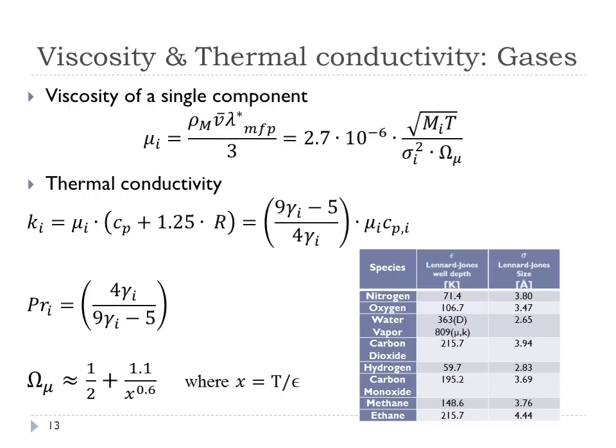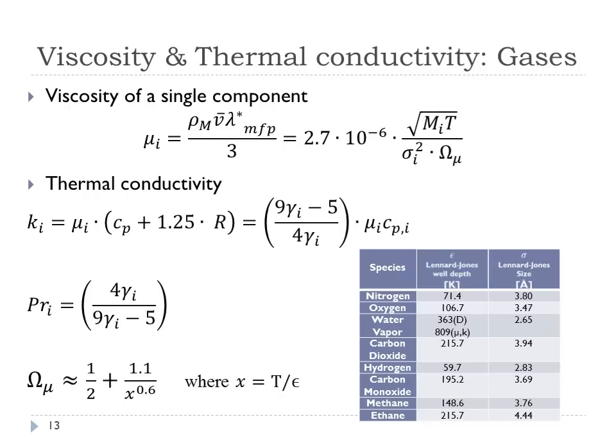So here that well depth is given in units of Kelvin. It's like an energy depth, and you're basically dividing it by the Boltzmann constant to turn that into an epsilon, into a temperature. And so you can see here that well depth is particularly large for water vapor, and it's really small for hydrogen.